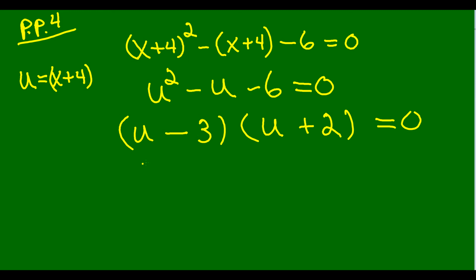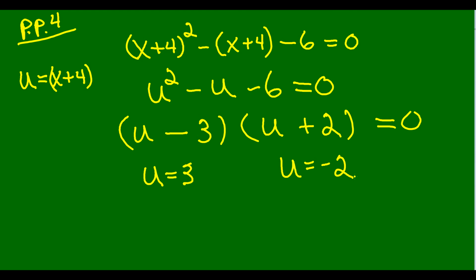Okay, so now I've got that this one is that u equals 3 to make that 0. And this binomial here, u would equal -2 to make that equal to 0.